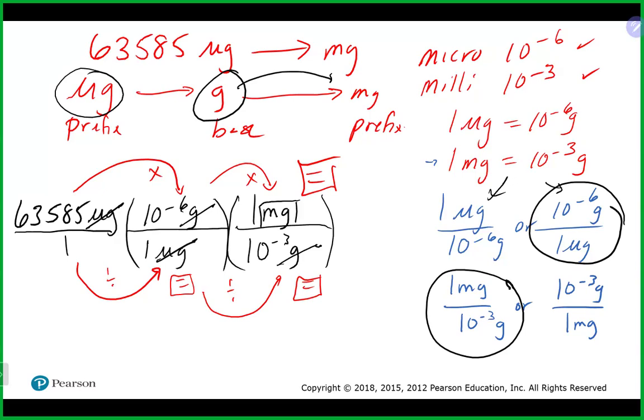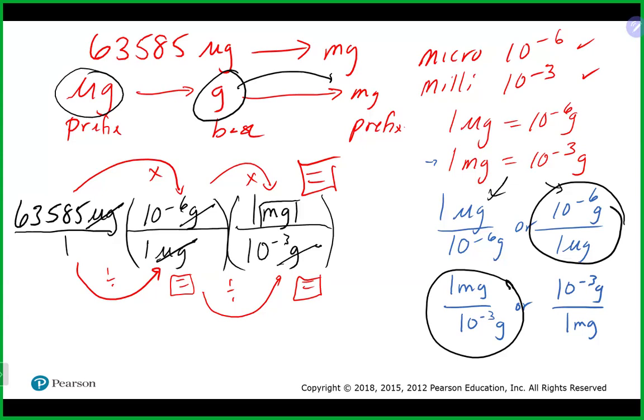So let's do that. Once again, that's going to be here. I trust you, so I'm going to punch it in anyway. So at 63,585, we're going to multiply it. Remember that 10 to the minus 6 is 1 times 10 to the minus 6. So again, 1, exponent button, negative button, 6 when you put it in your calculator.